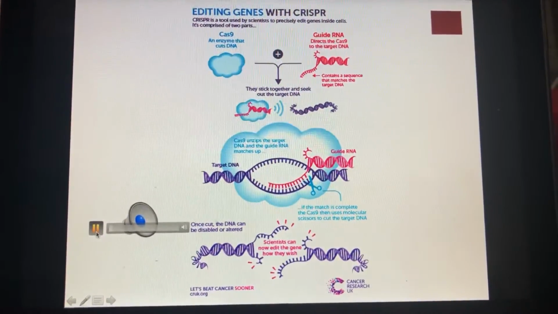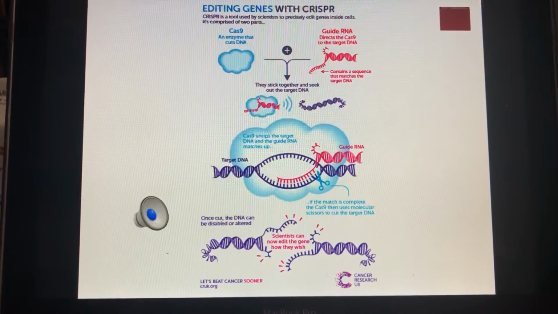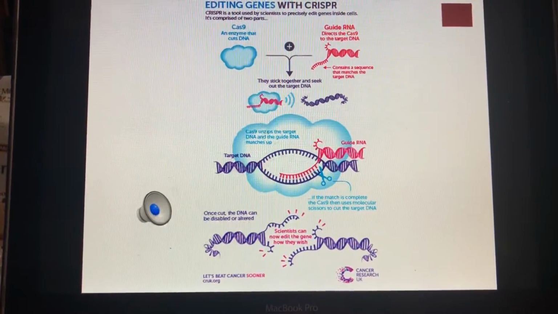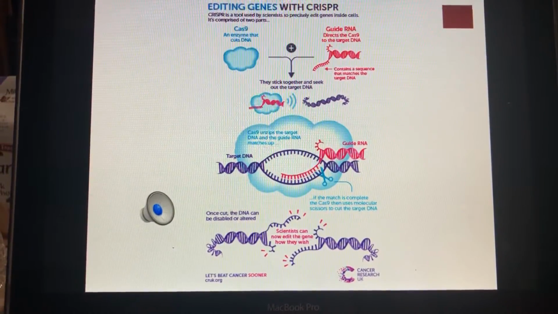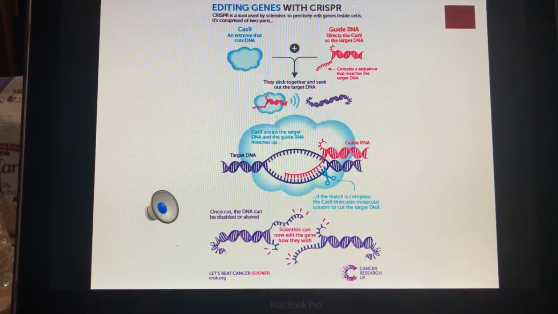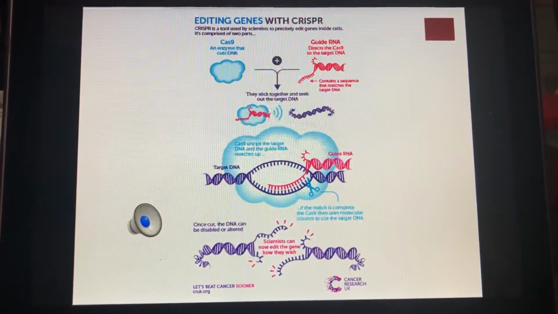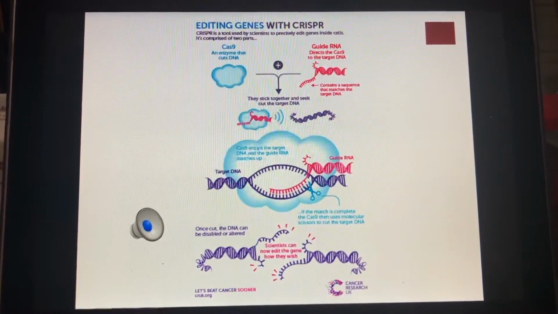All right, so these next two slides basically show how genes are edited with the CRISPR technology. In August of 2015, a group of Chinese researchers, led by an oncologist at Sichuan University, started testing cells modified with CRISPR on patients with lung cancer.